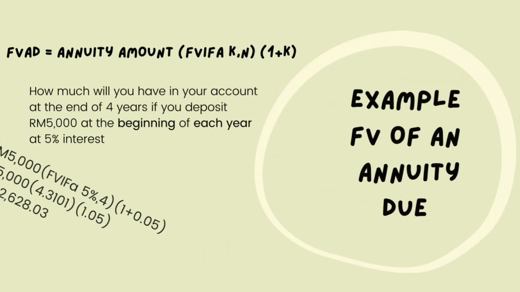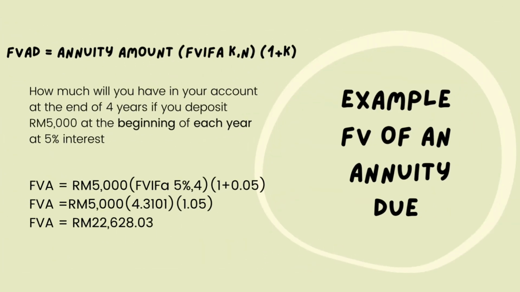The keyword is at the beginning of each year. So the formula for future value of annuity due equals the annuity amount multiplied by FVIFA, k and n, but we add 1 plus k at the end of the formula.